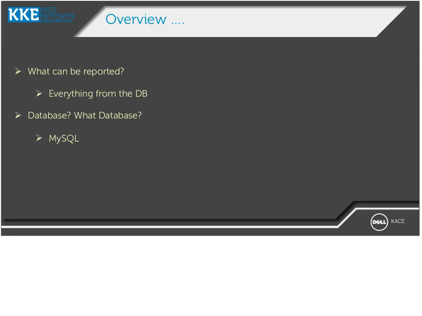So just a quick overview. The question that has always been asked during our jumpstart is what can be reported? Everything which is in a database. And what database? It will be a MySQL database. And how do you access the database, which I will show you as well.